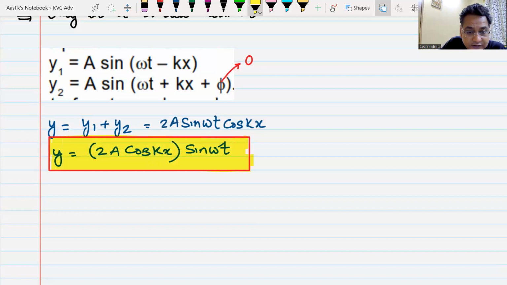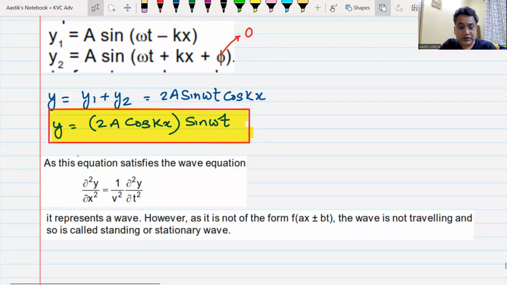It represents a wave because it satisfies the wave equation, but it is not in the form of f of x minus or plus vt. It is not in that form, and therefore it cannot be called a traveling wave, but it satisfies the wave equation, and hence it becomes a wave.